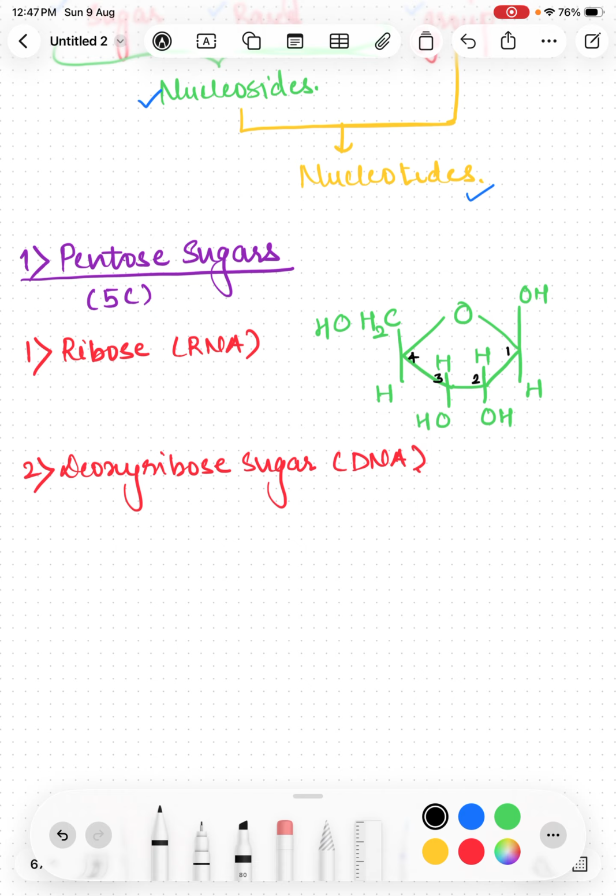This is carbon number 4, and this carbon is carbon number 5. These carbons are named as 1 prime, 2 prime, 3 prime, 4 prime, 5 prime, because we are giving numbering to our nitrogenous bases as well. So to become easy, whether we are talking about sugars or nitrogenous bases, we are giving numbering to carbons of ribose sugar as 1 prime, 2 prime, 3 prime, 4 prime and 5 prime.